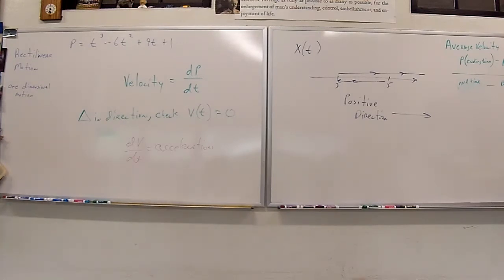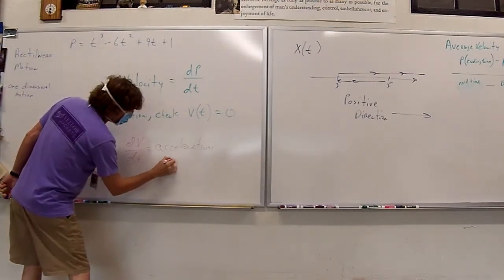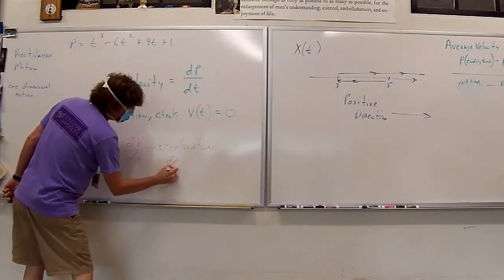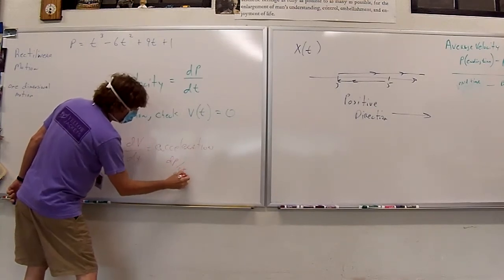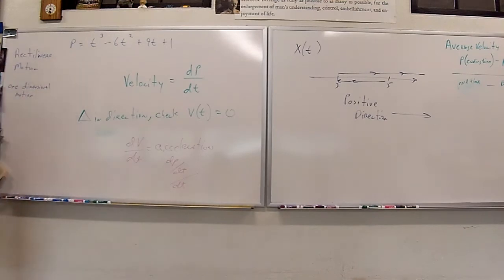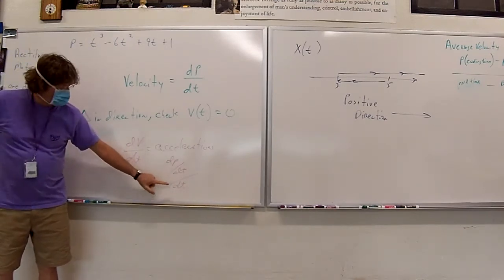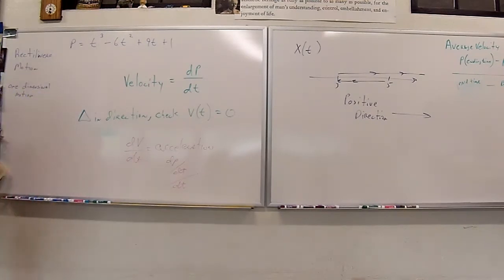Acceleration is the change in position with respect to time with respect to time, because velocity is the change in position with respect to time. And that gives you acceleration. And that's instantaneous. Now, if you have a positive velocity, you're going in the positive direction.